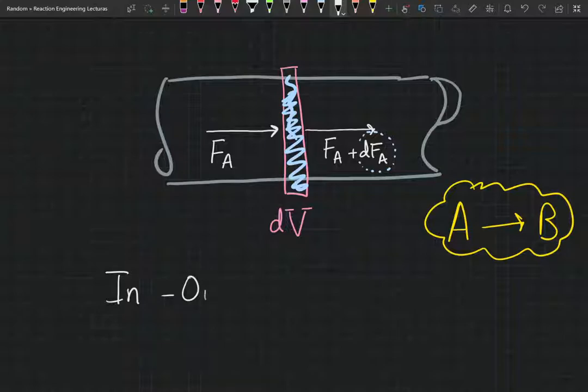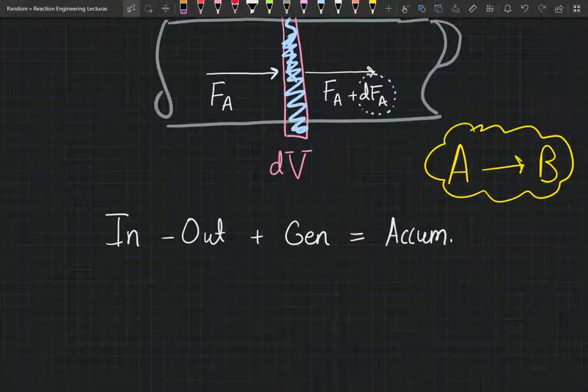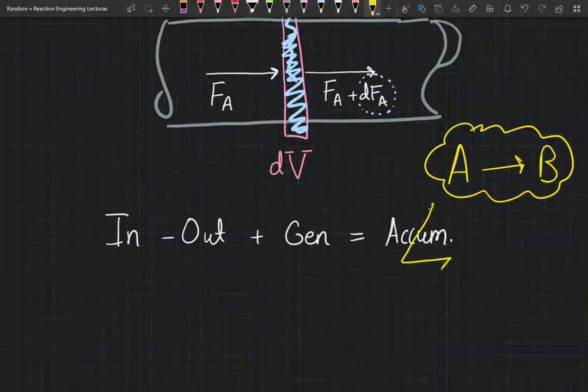So let's see what I get. In minus out plus generation equals accumulation. And obviously I'm not dealing with any accumulation since I'm operating at steady state, so that goes to 0.